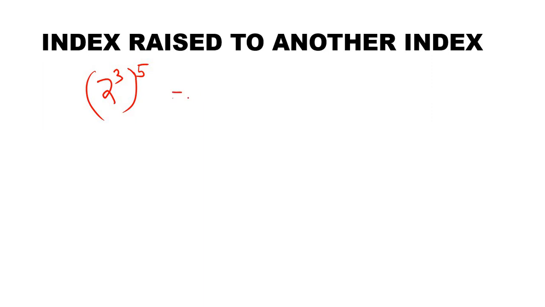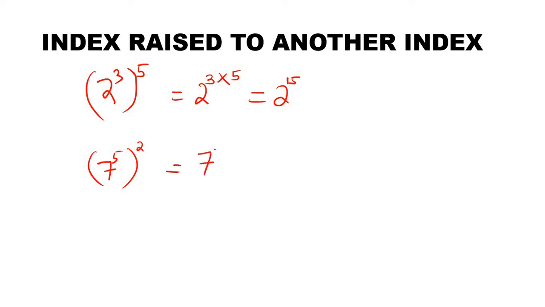Okay, this is simply 2 raised to power 3 times 5. And that gives you 2 raised to power 15. Is that clear? So if I have 7 raised to power 5, all raised to power 2, is simply 7 to power 5 times 2, which is 7 to power 10.